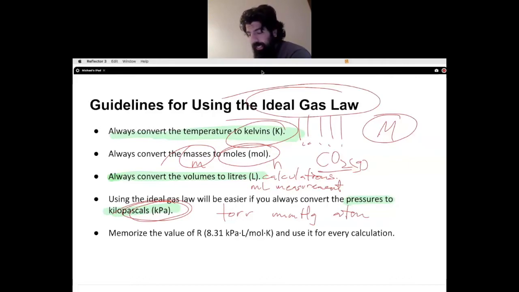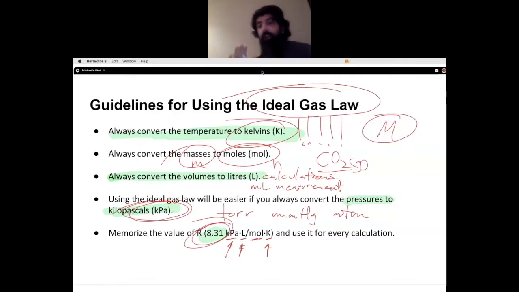Because if you look at, here is that R value. This is a constant that you use in these calculations. This is the R value in PV = nRT. Now, notice what the units are: kilopascals, liters, moles, Kelvin. If your pressure is any different, your liters are in milliliters, your moles are in, I don't know, grams, or your temperature is in degrees Celsius, you're not using this R value.